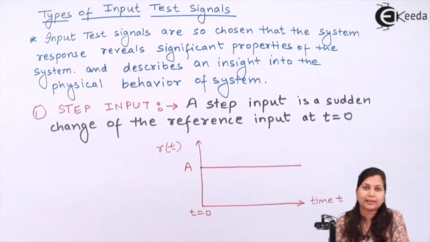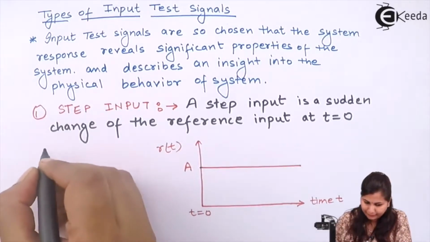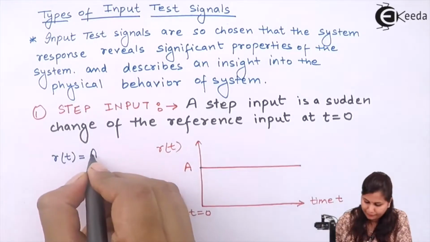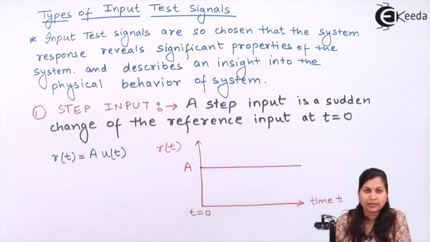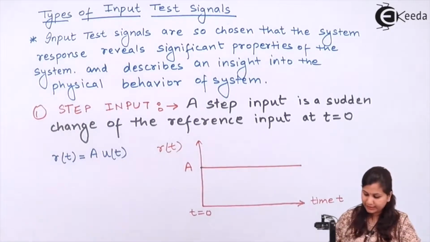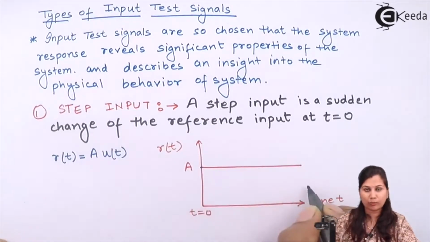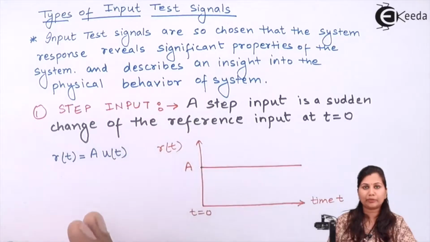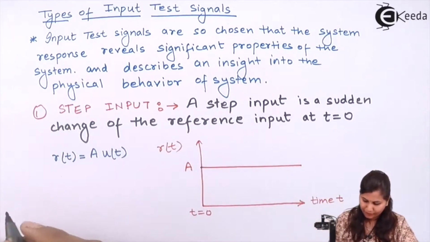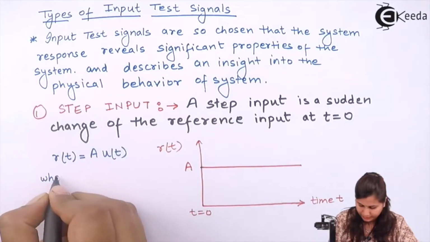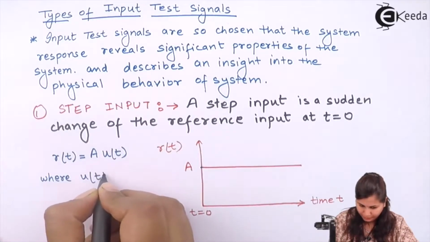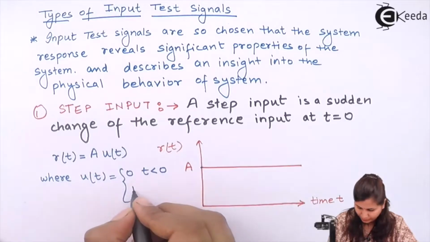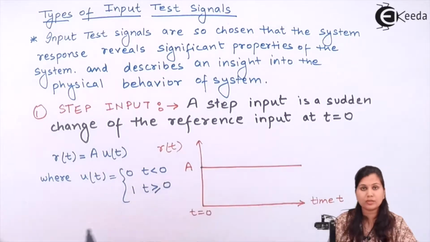Mathematically, r(t) equals A, the amplitude, multiplied by the step input u(t). Because the unit step has the value 1, multiplying it with a constant A shifts it to the position of amplitude A. Here u(t) is the step input, defined as 0 for t less than 0 and 1 for t greater than or equal to 0.